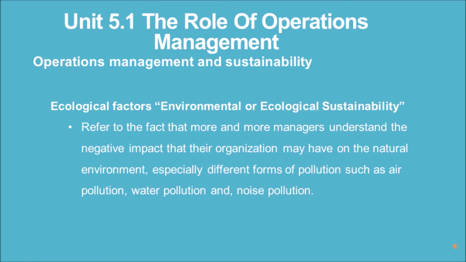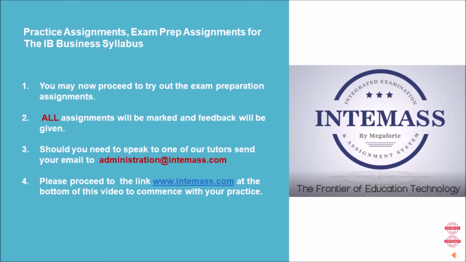Ecological factors. Environmental or ecological sustainability refers to the fact that more and more managers understand the negative impact that their organization may have on the natural environment, especially different forms of pollution such as air pollution, water pollution, and noise pollution.